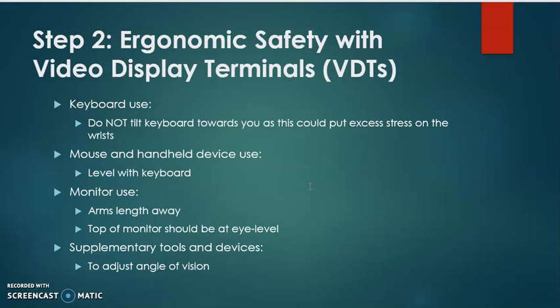Your monitor should be placed at an arm's length away from your face, straight ahead of you. The top of your monitor should be raised or lowered to be at eye level, not any higher or lower, because that could put excess strain on the neck or promote slouching.